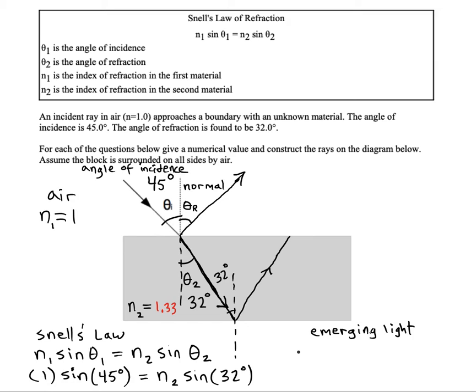It'll be 1.33 sine of 32 equals 1 sine of theta. And this is the theta of exit. If we solve this equation, we find that theta actually matches the angle of incidence that we had originally.